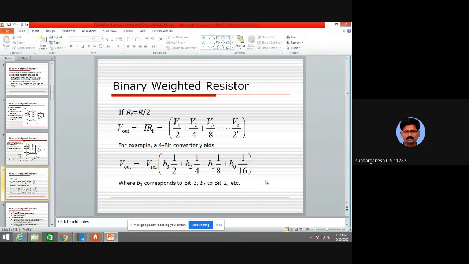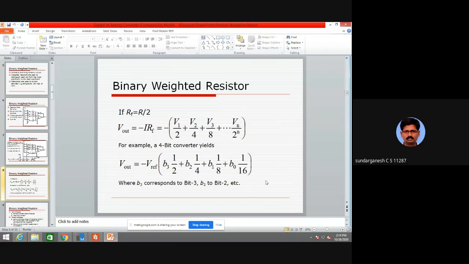For example, if the feedback resistor RF is R by 2, then V out equals minus (V1 by 2 plus V2 by 4 plus V3 by 8 plus up to Vn by 2^n).